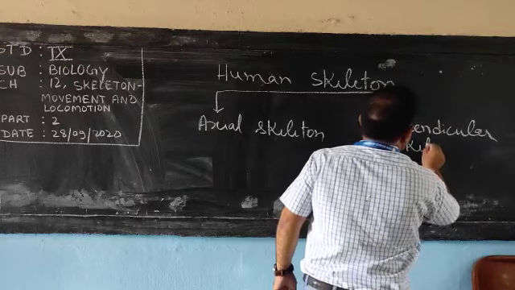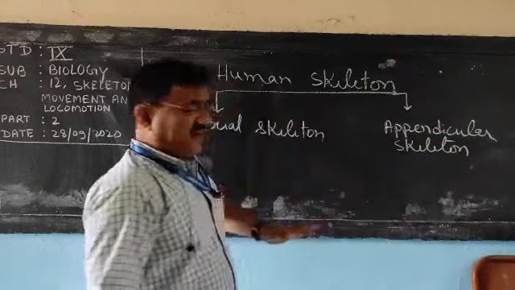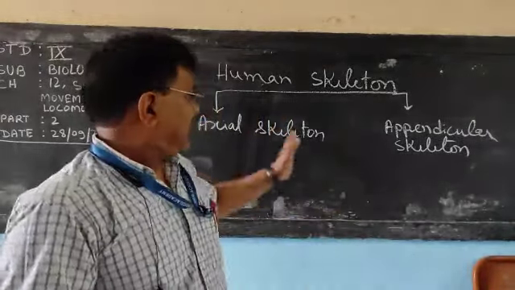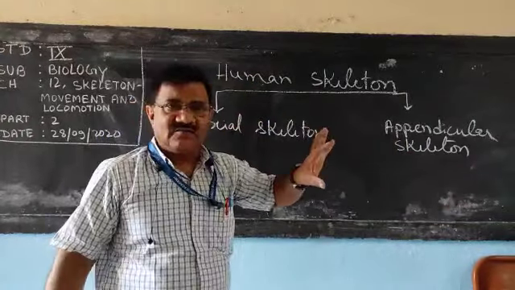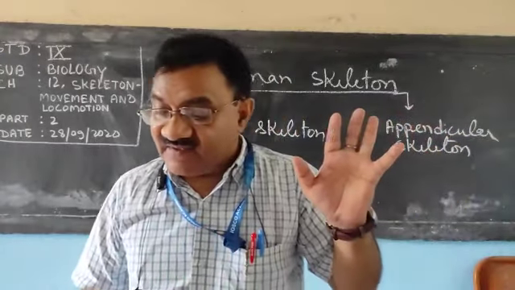So first, this human skeleton is divided into two groups, axial and appendicular. Now, what is the axial skeleton? What type of skeleton is it?